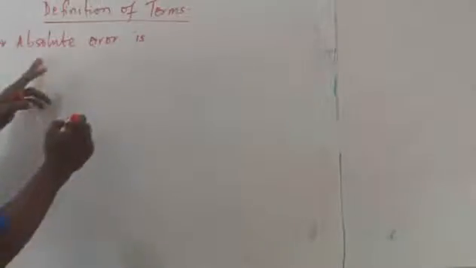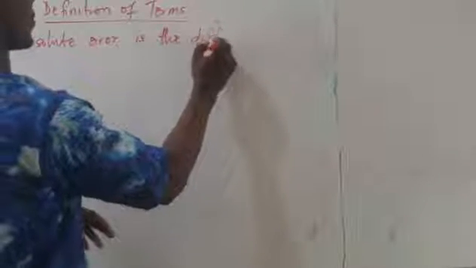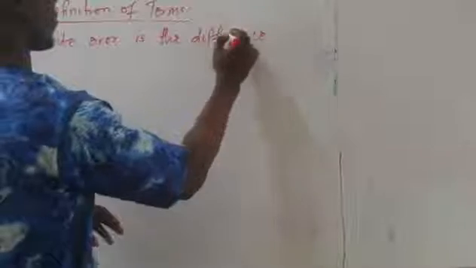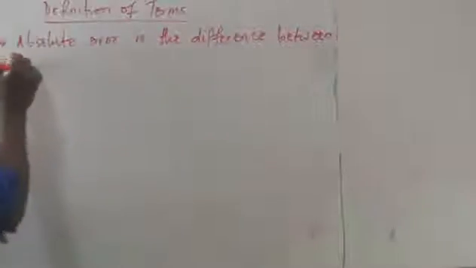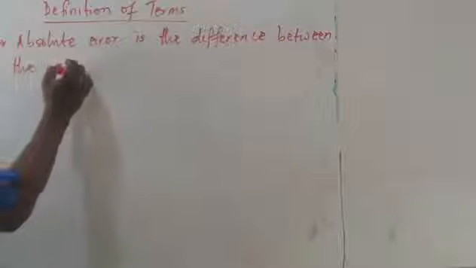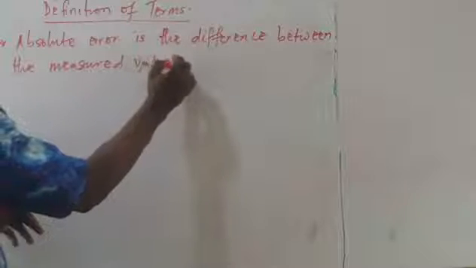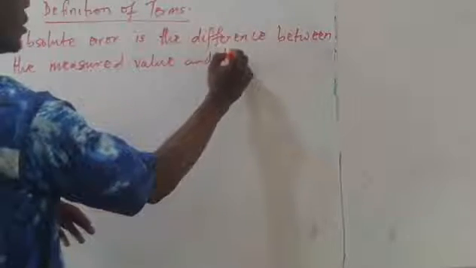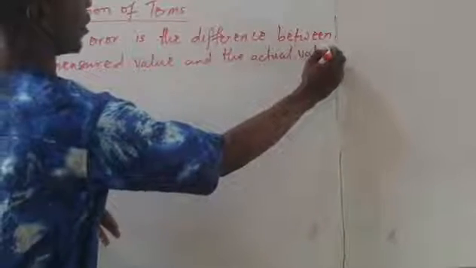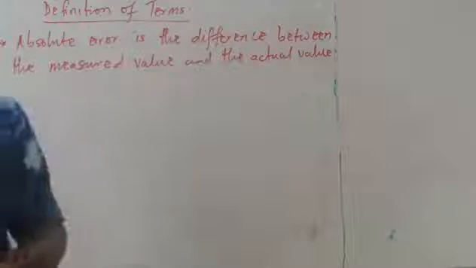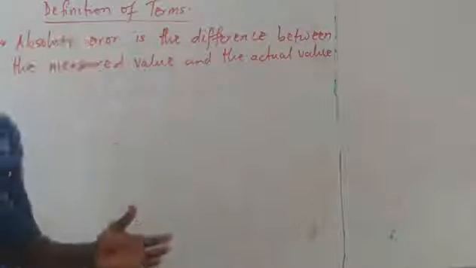Absolute error is the difference between the measured value and the actual value. This absolute error can be positive and it can be negative, depending on the lower limit and the upper limit.